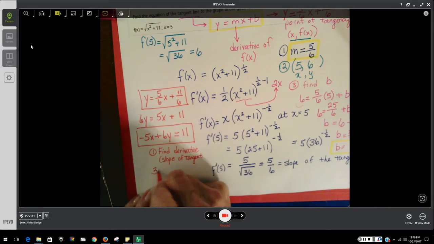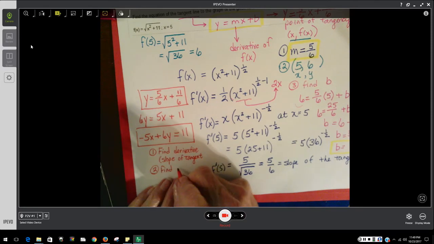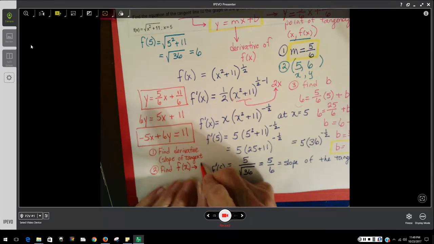Step 2 is always going to be, once you've found the derivative, find the original function value for the given value of x, so that you'll have a point x, y.